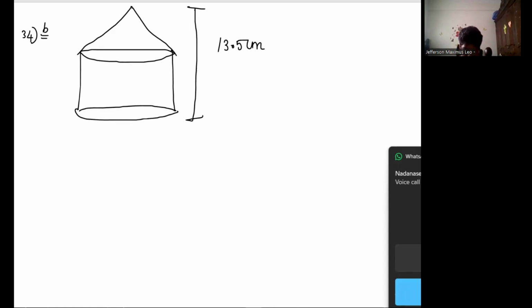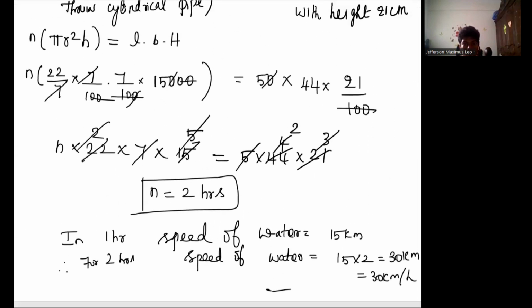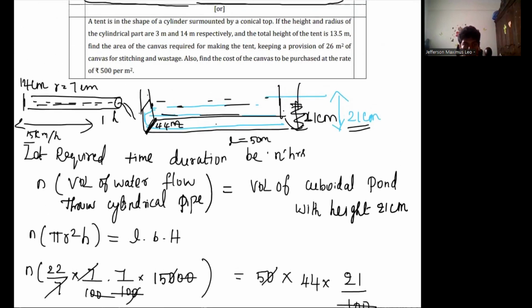And what are given further? 13.5 is the whole height. Ma'am, and radius I think is 3. Radius of a cylindrical pot is 3, correct?